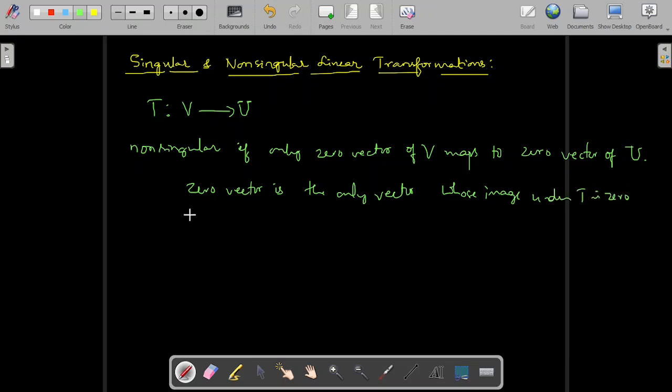No other vectors are mapping to the 0 vector. That means what happens to the kernel? That is where the significance of the kernel comes in.